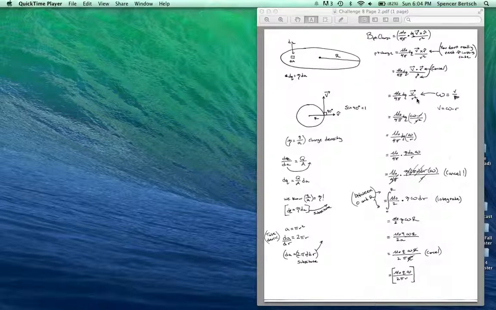Okay, so once you have this, then we can put in omega, because we know that as this is turning, the angular velocity is equal to v over r, or we can rearrange this to say that this velocity is equal to omega r, or omega times radius. And that's the radius of the disk.